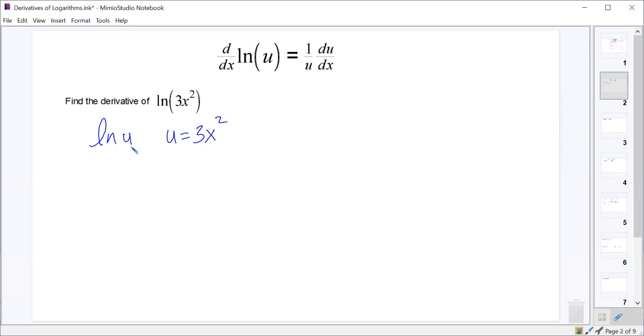And so our derivative of this ought to be 1 over u times the derivative of 3x squared, which is 6x, which would give us 6x over u, which would be what?